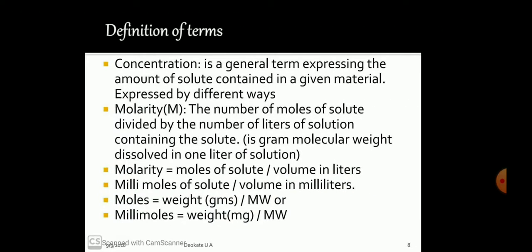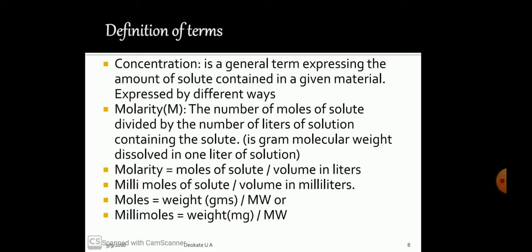Definition of terms. First is concentration. It is a general term expressing the amount of solute contained in a given material, expressed in different ways. The first one is molarity. It is denoted by capital M, the number of moles of solute divided by the number of liters of solution, containing the solute in grams per molecular weight dissolved in 1 liter of solution.